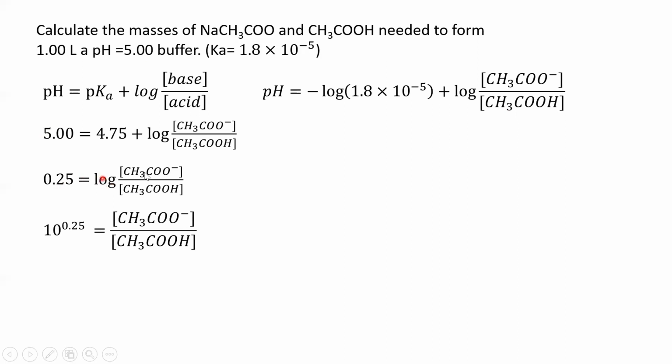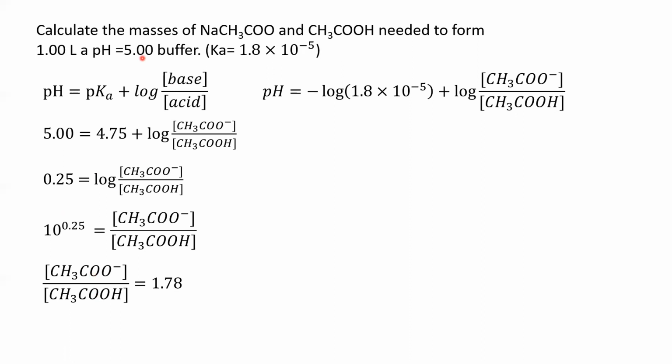That gets rid of the log on the right-hand side of the equation and gives us 10 to the 0.25 on the left-hand side. We can plug this into the calculator and we get 1.78. That's the ratio of base to acid that would give us a pH of 5.00.